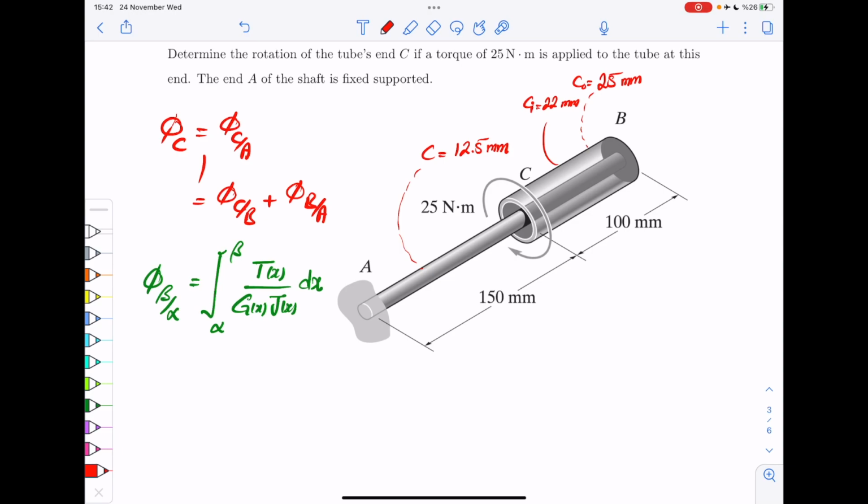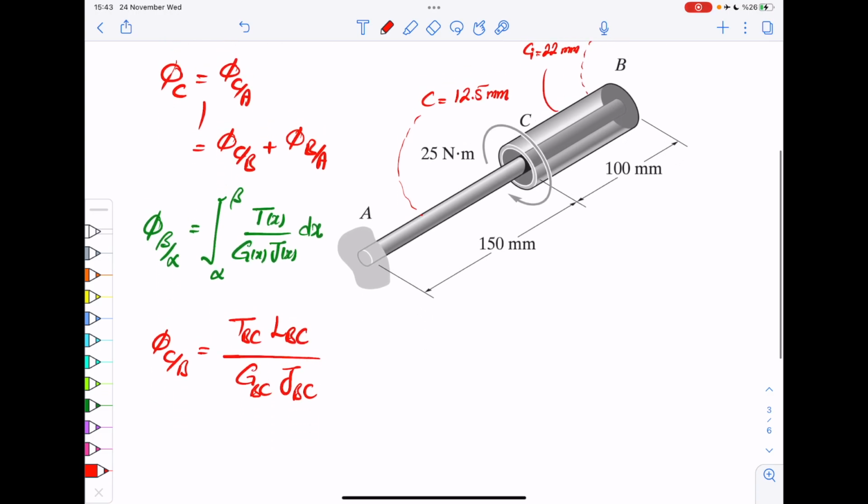Okay, so what you need to do is to just calculate these two angles. So phi of C with respect to B would be T in that BC member, L_BC divided by G_BC J_BC.